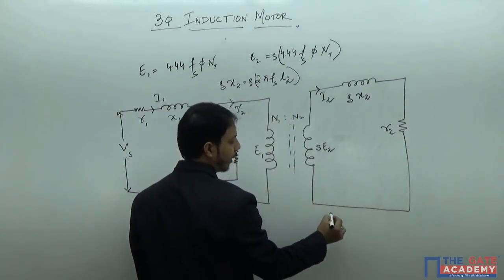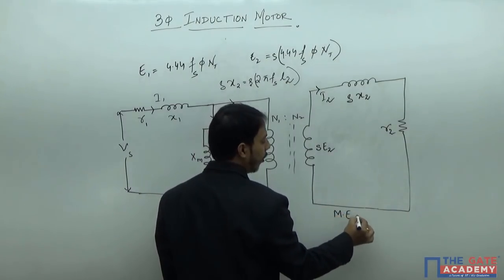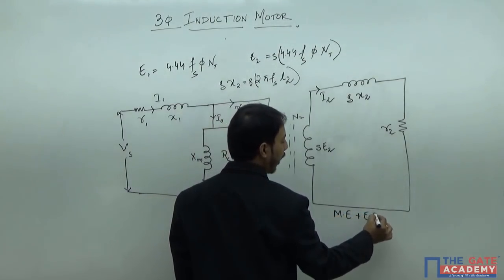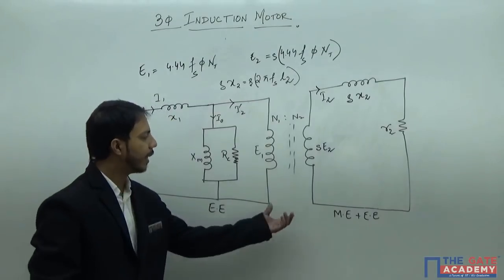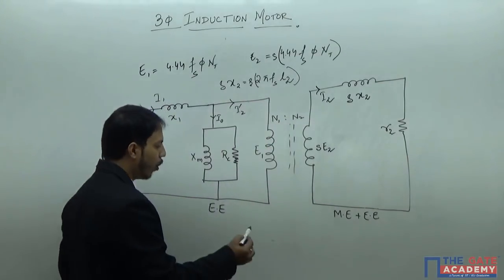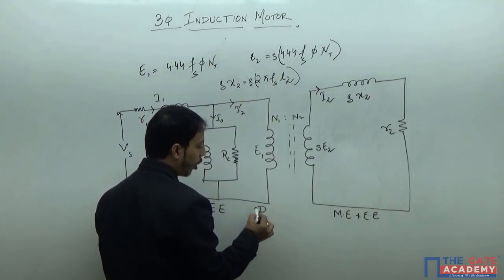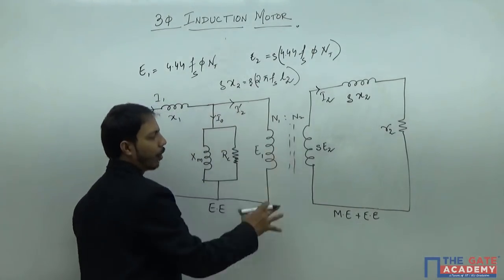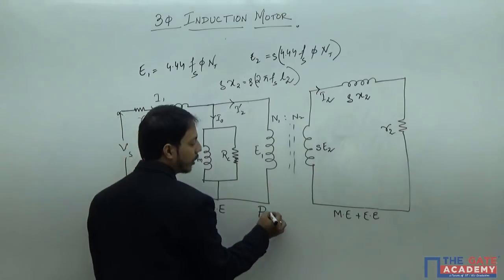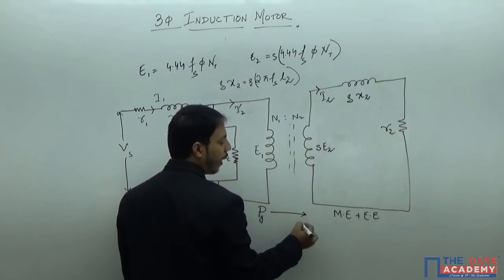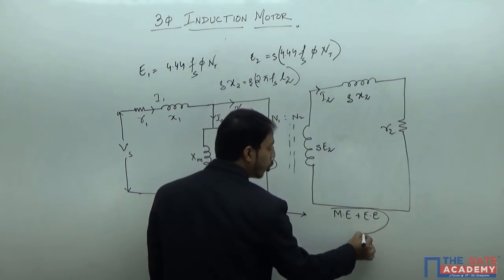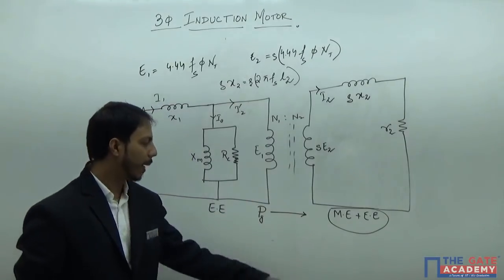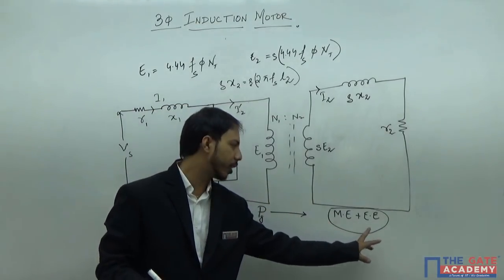This side is mechanical energy plus electrical energy. And this is the air gap. So the power generated here, let us call air gap power. This air gap power is transferred to the rotor and then converted to useful work, that means mechanical energy as well as electrical energy.